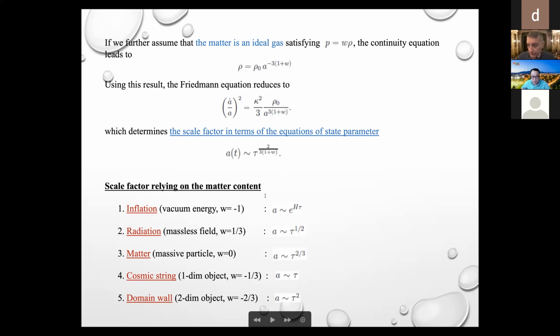So these are the equations of state parameters in the standard cosmology. Depending on this parameter, the scale factor shows different time dependence. In the inflation case, the scale factor grows exponentially, but in the other cases, the scale factor usually shows power-law behavior. Okay, so this is the standard cosmology result.